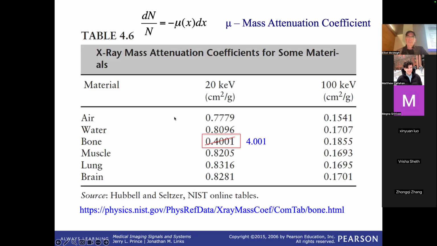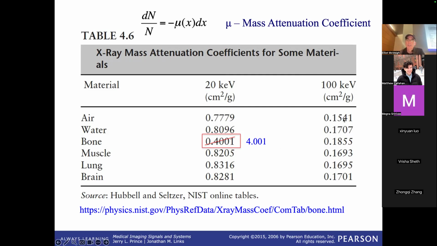So here, this is why you remember half value layers versus the attenuation coefficients, these mu values, because here they are for air, water, bone, muscle, lung, and brain at 20 keV and 100 keV. And this is a typo. This is not 0.4. For bone, it's 4. But you can see there are differences, but they're relatively small, right, between these objects.